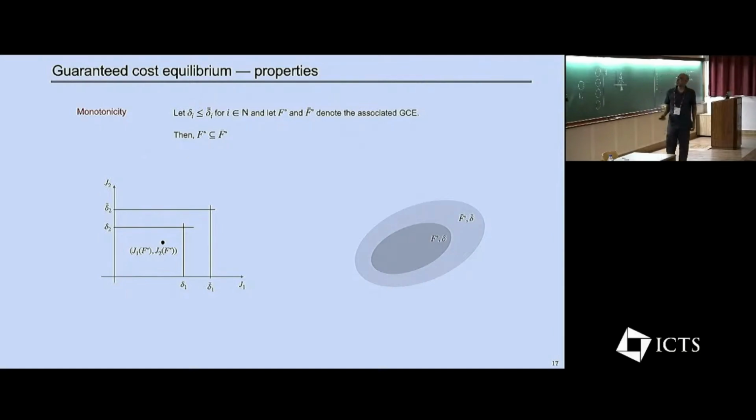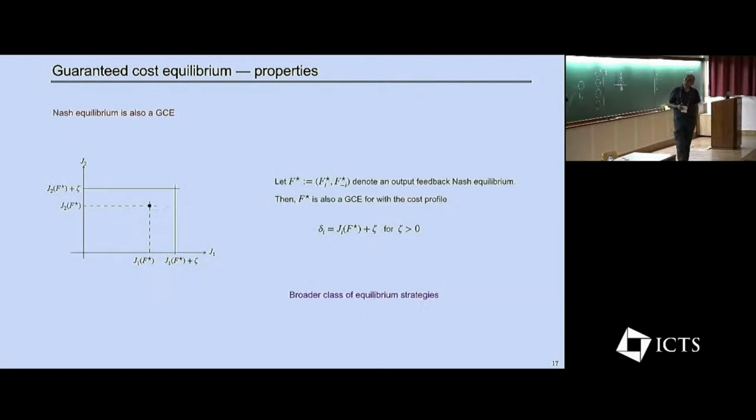Here, high expectations means low values of thresholds. We can also show that if a Nash equilibrium exists, it is also an element of the guaranteed cost equilibrium set for this choice of the cost profile.